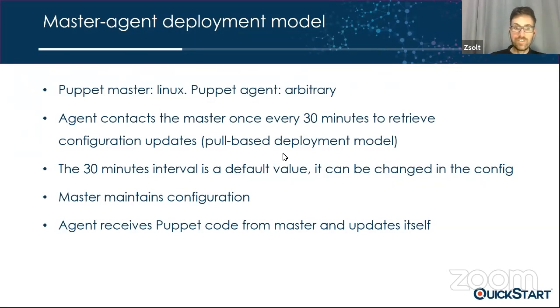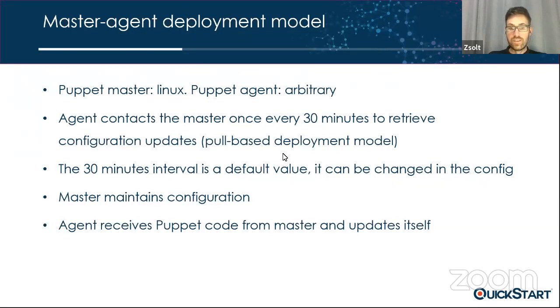So by default, the agent is responsible for connecting with the master, and it's basically a deployment model that's called a pull-based deployment model. Pull-based means that the agent pulls the information from the master, so the agent initiates. And this initiation is by default once every 30 minutes. So in every 30 minutes, this configuration update happens.